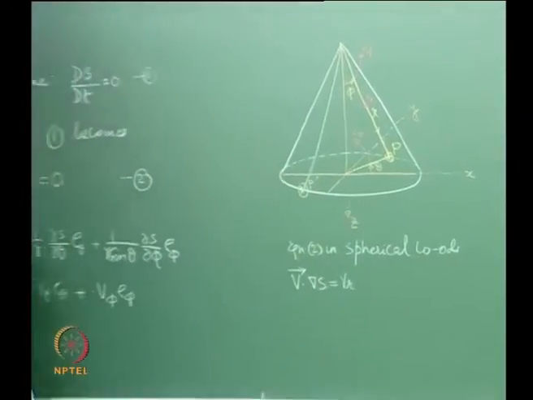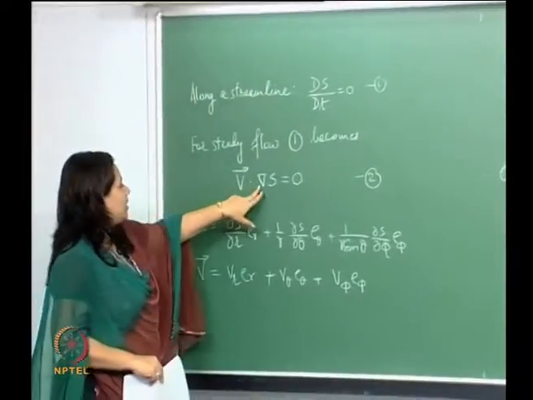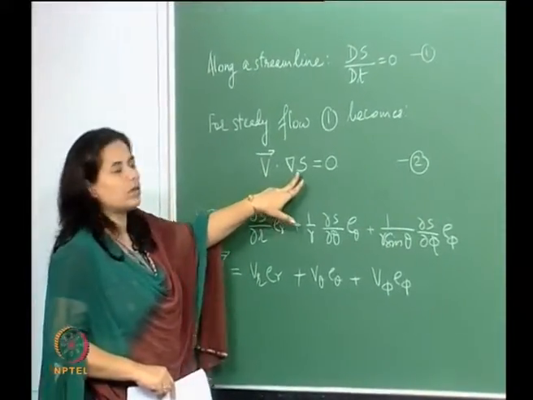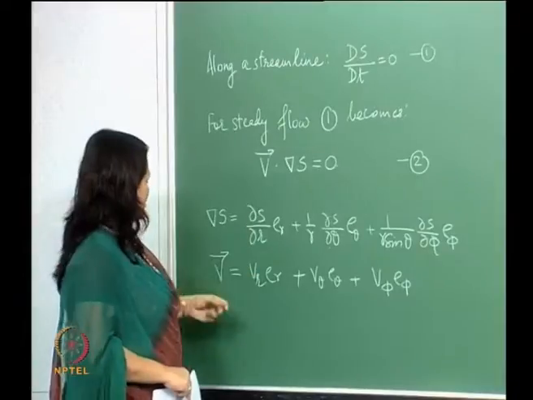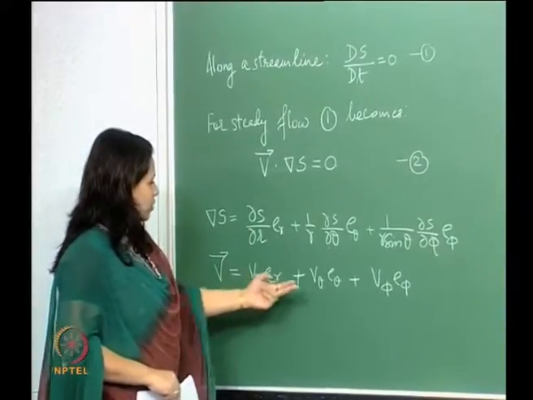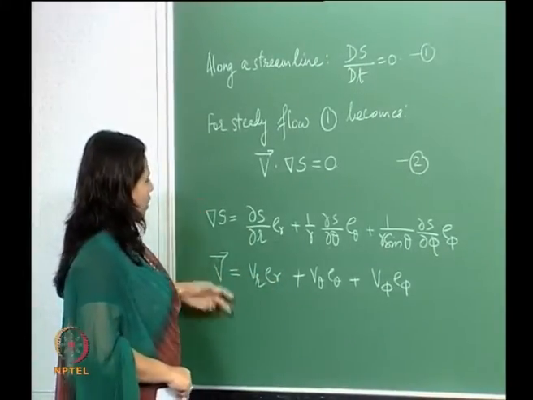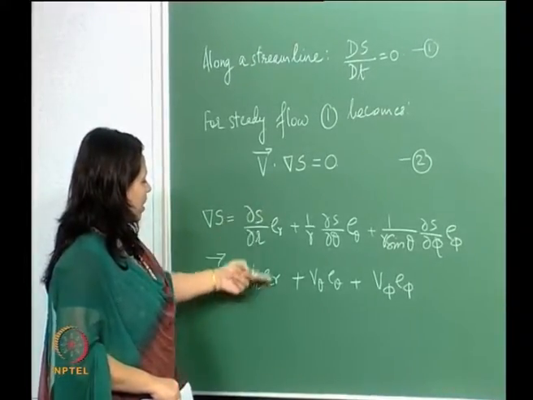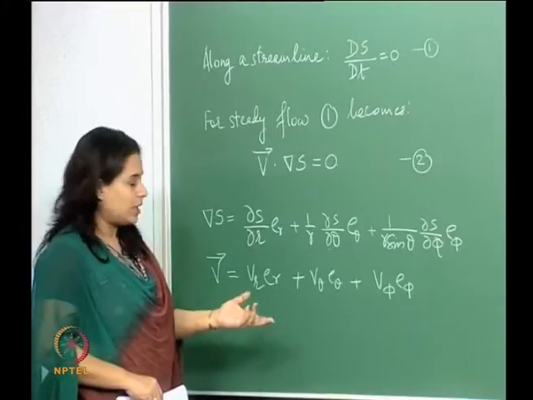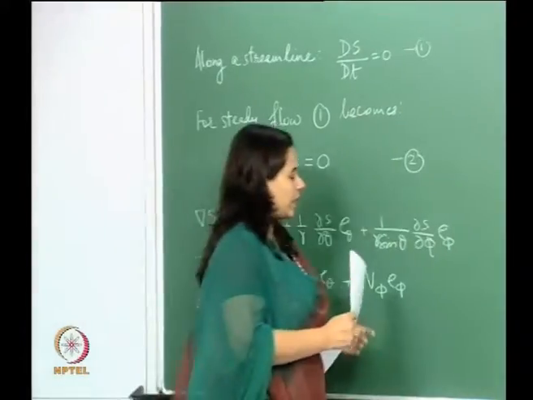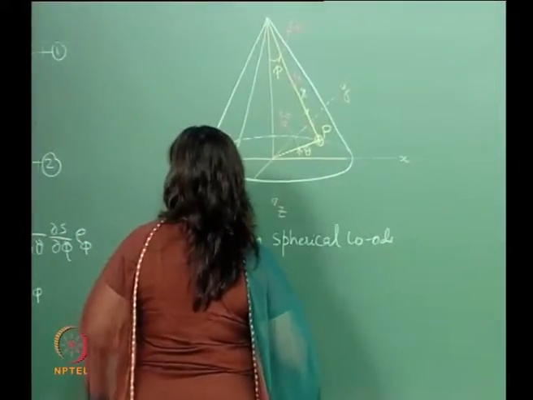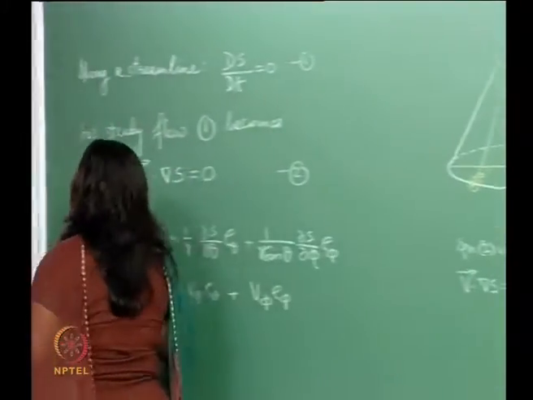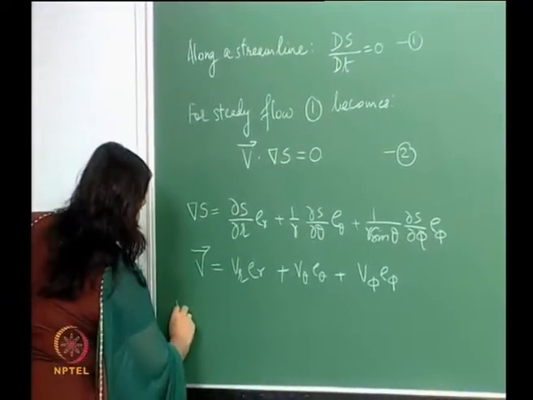So if we look over here, V dot grad S, it's a dot product. We have these two vectors, and we need to take a dot product. I mean, e_r dot e_r is 1. So, that is what we get. So, we get V_r.